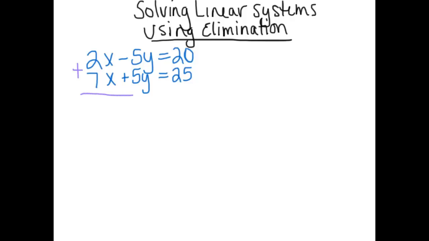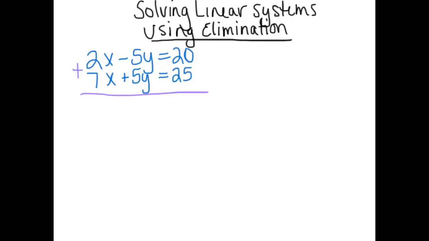We can actually add the top equation to the bottom equation. And it's okay to do that, because we have an equation at the bottom, 7x plus 5y equals 25. So we can add 7x plus 5y to 2x minus 5y, and 25 to 20, and it keeps the balance of the equation. Because these two things are equal, we can add the corresponding left-hand sides and the corresponding right-hand sides.